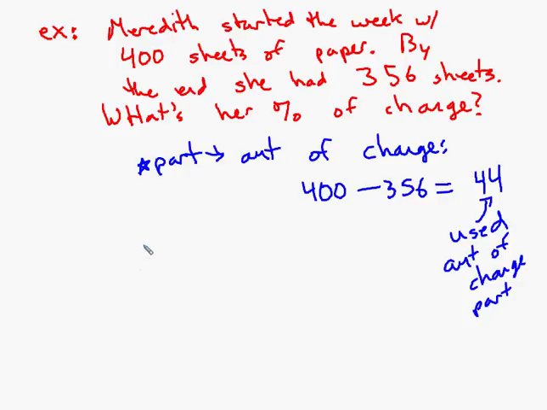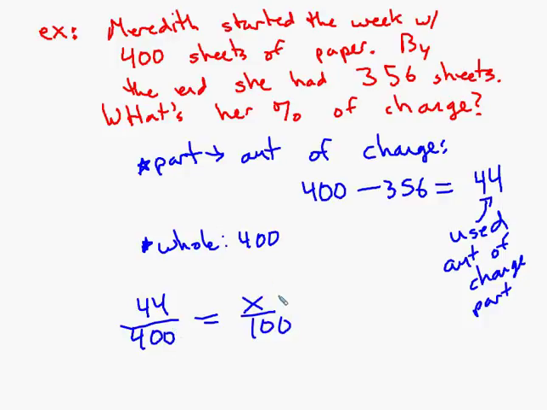The whole is how much? 400. So we're going to do 44 over 400 equals x over 100. We cross multiply, so 4400 equals 400x, and then we divide. And it's an 11% change.